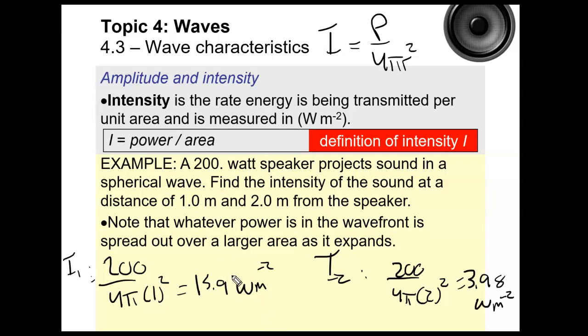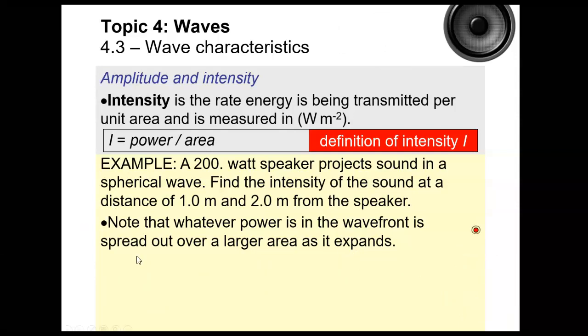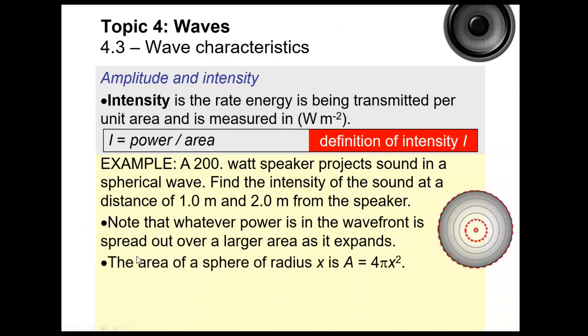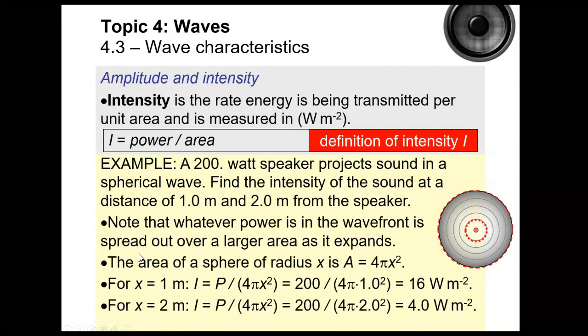In other words, given this intensity right here, if all we knew was that the distance doubled, I should be able to get this answer without actually plugging numbers into this equation. Pause there if you need to look at that some more. This is just kind of showing the work for that.